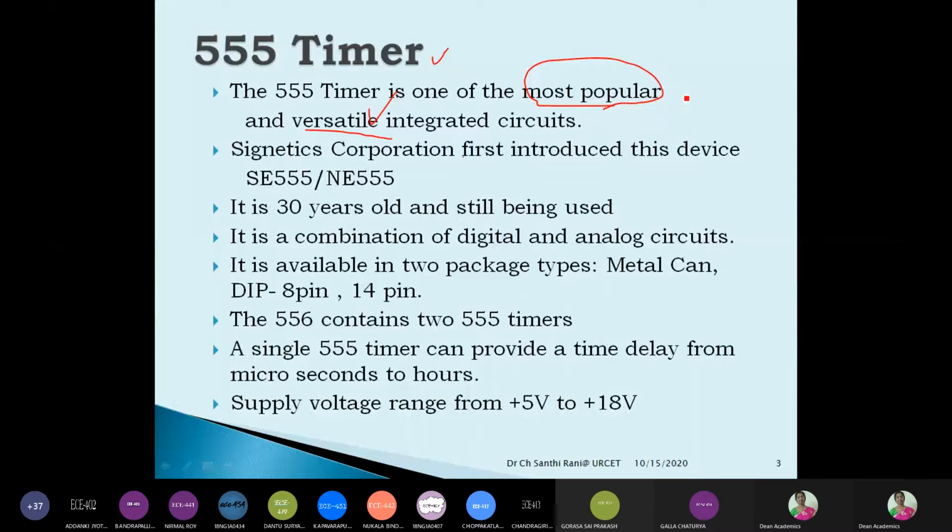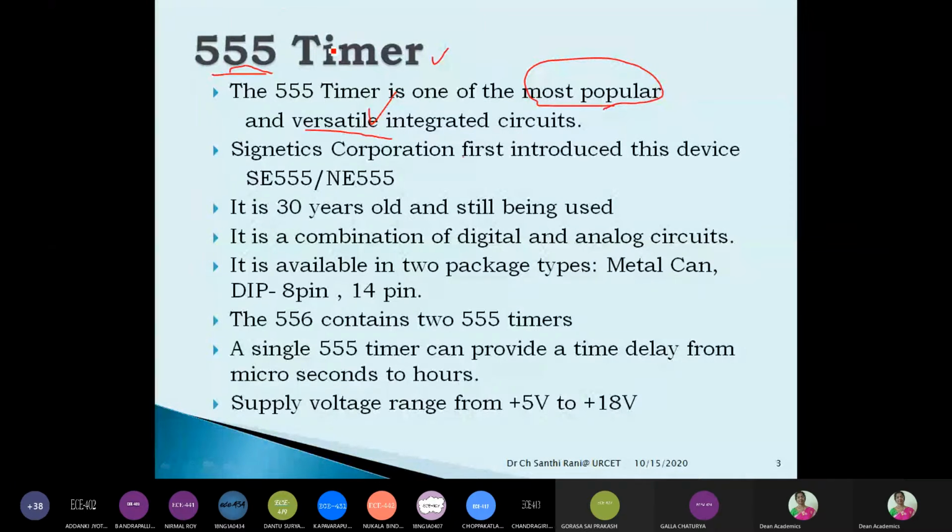So 30 years back, I designed all these circuits as mini projects in BTech, and in diploma also as mini projects, and one circuit as a hobby circuit. Like that, I designed them just a few decades back using this 555 timer. You can imagine how many applications this 555 timer has.